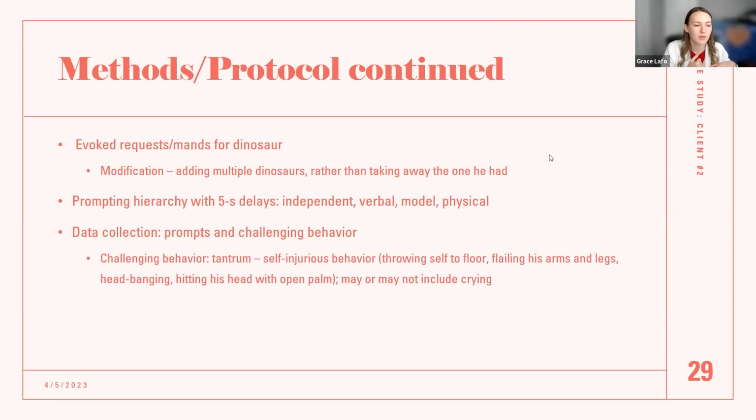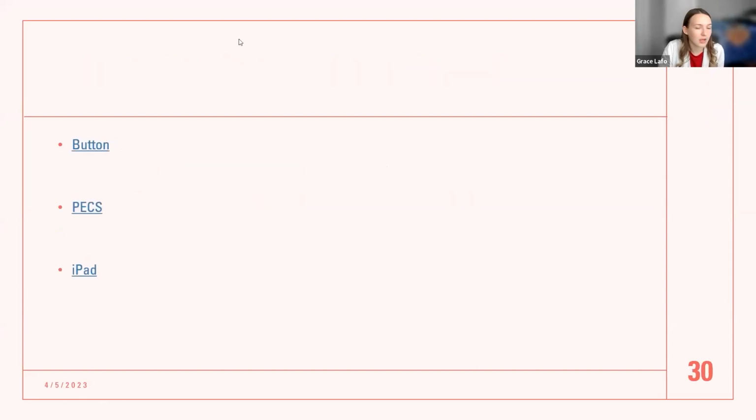And Dr. Schaller talked about that, where he might throw himself to the floor, which could result in injury, flailing his arms and legs until maybe they made contact with the wall or furniture, head banging the floor or walls, hitting his head with an open palm. And tantrum may or may not include crying, but we were more concerned with the self-injurious behavior just because that could be harmful to him. Next slide, please. And again, I'm going to pass this over to Dr. Schaller.